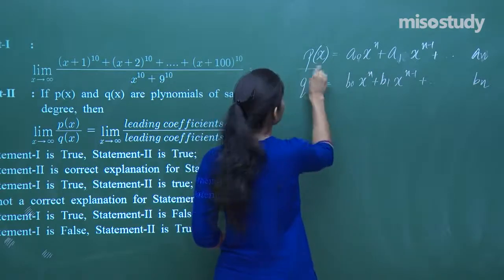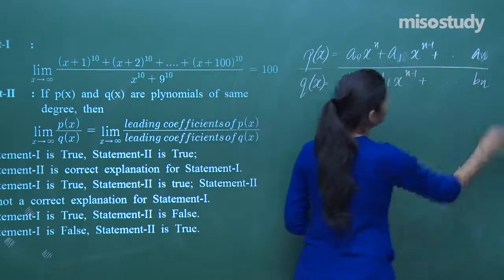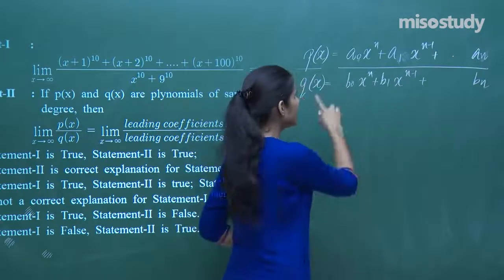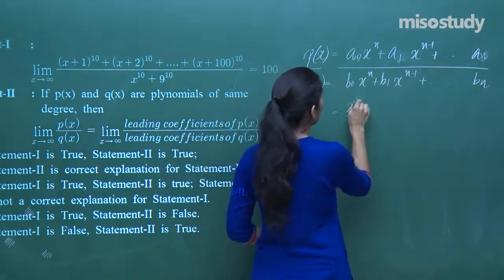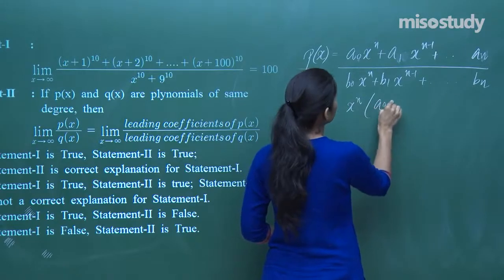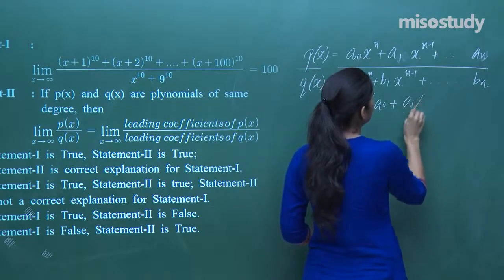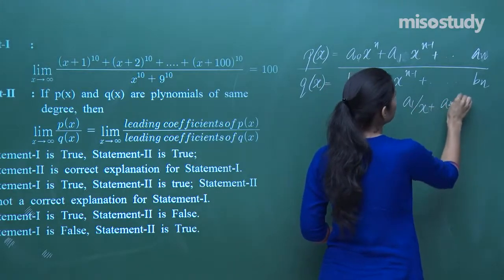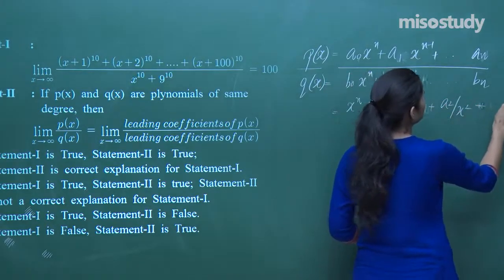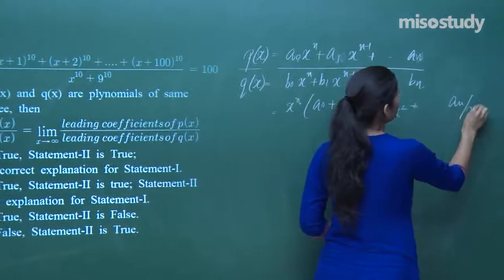If I talk about px by qx, what happens? I can take out x to the power n common. When you take out x to the power n common, what are you left with? a naught plus a1 by x plus a2 by x square plus and so on an upon x to the power n.